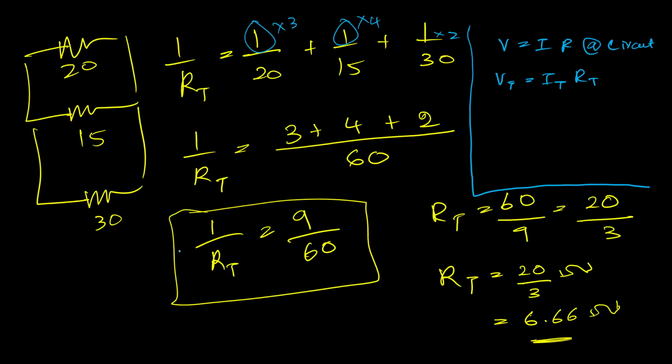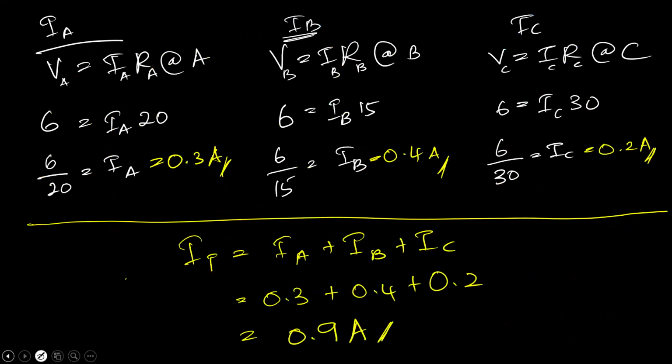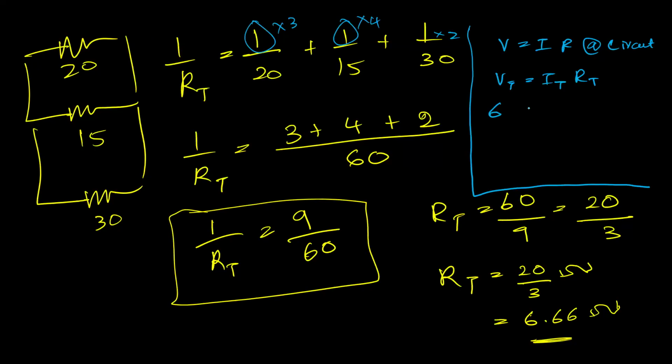So 6 volt equals I total. Already we found it 0.9. We are going to double confirm. Into R total. In this R total, better use the one before simplifying. So R total is 20 over 3, no?